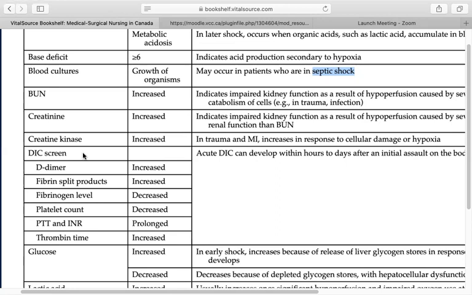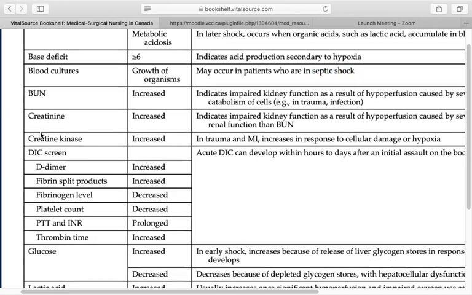But at the same time that these clots are forming, the body is using up all of its coagulation factors and platelets to form these emboli. And so they're all being used up. Now, if coagulation factors are being used up, then PTT and INR go what? Up or down? If coagulation factors are being used up and therefore there's less of them in the body, is PTT or INR going up or down?